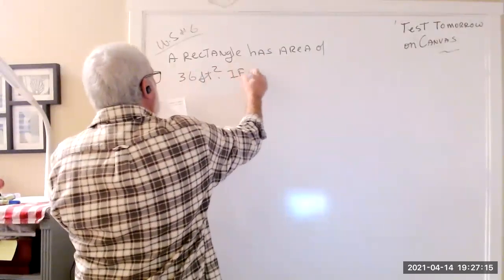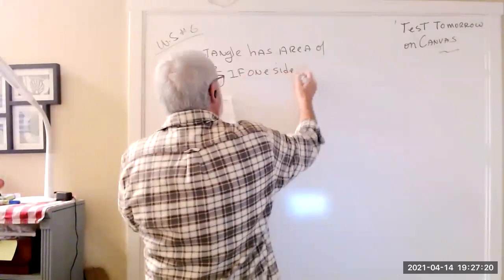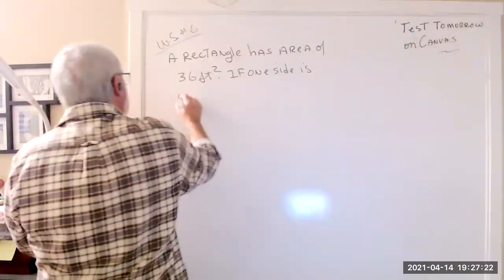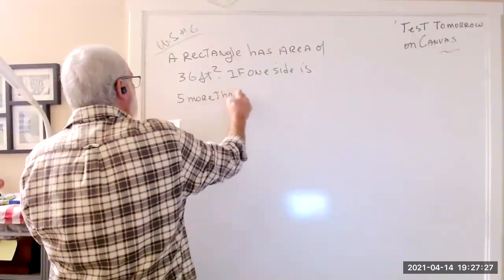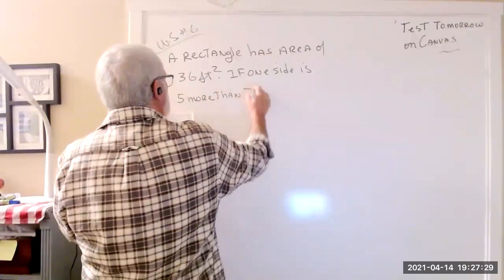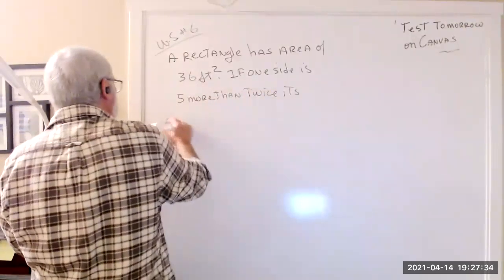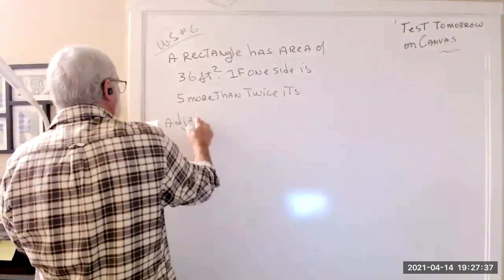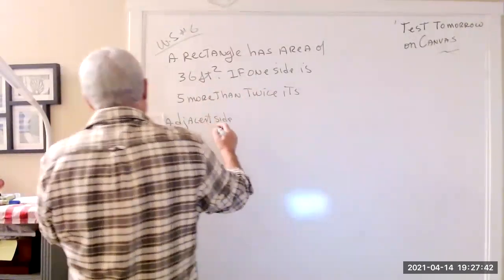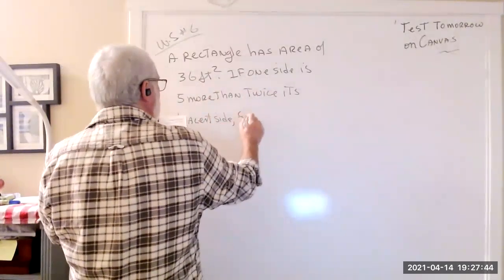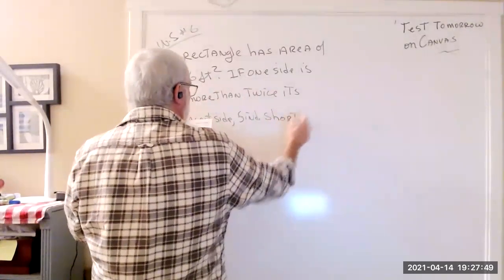If one side is 5 more than twice its adjacent side, find the shortest side.